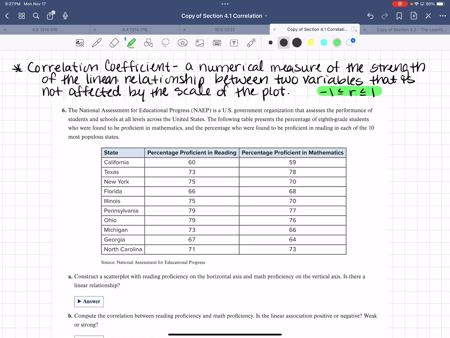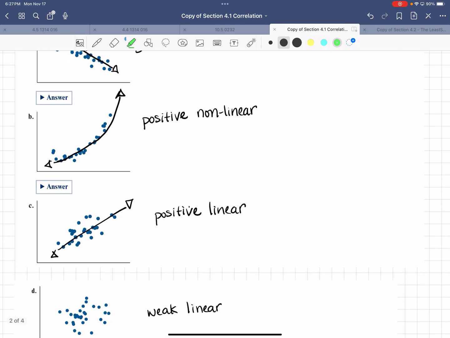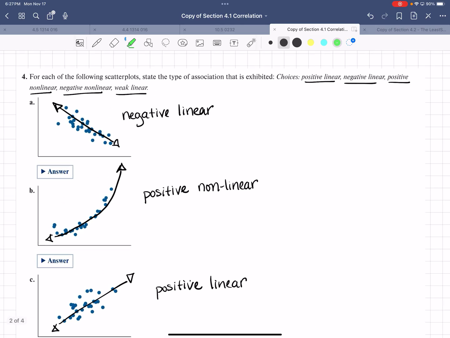Like when we looked at the scatter plots over here, this one right here, A, the negative linear, the first one, it's going to have a higher correlation coefficient. It's going to be closer to -1 because it is falling, so it's negative, but it's pretty tight on that linear.